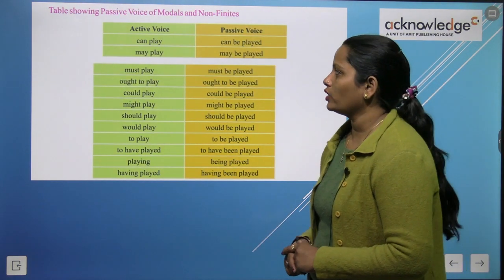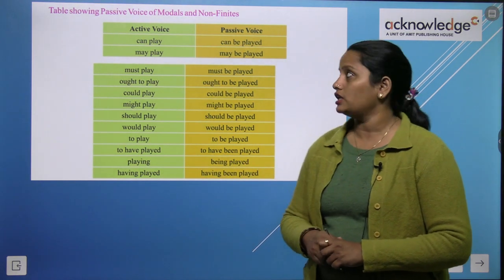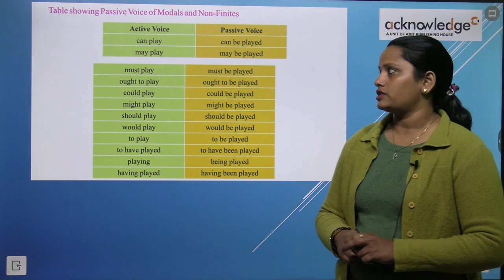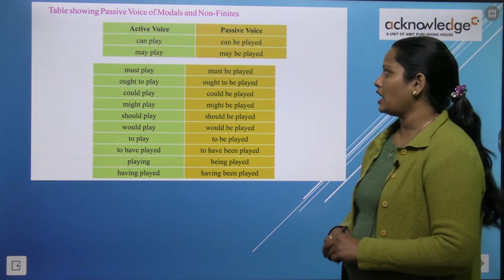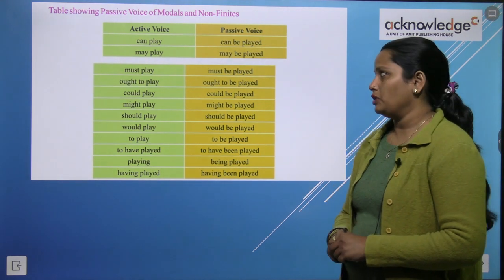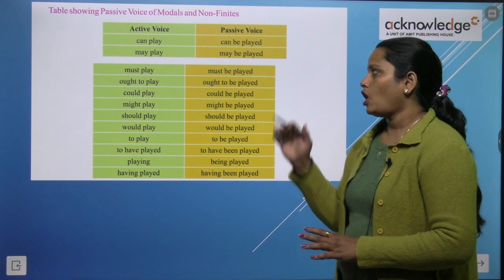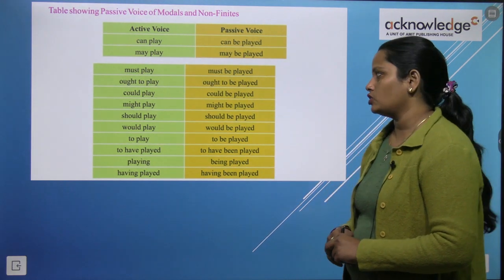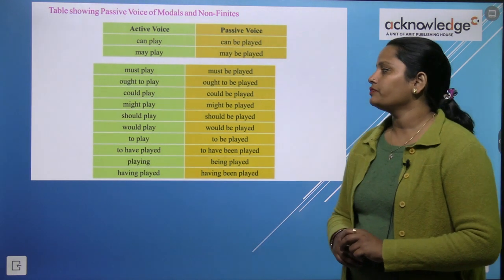Now let's come quickly to the table that is showing passive voice of modals and non-finites. So here in the active voice, can play becomes can be played. May be played. Must be played. Ought to be played. Could be played. Might be played.